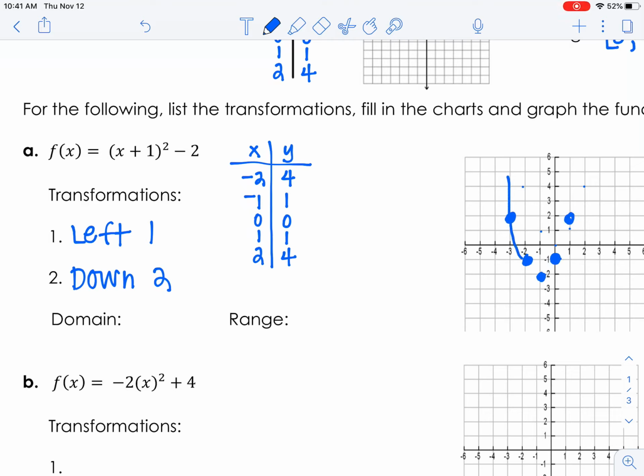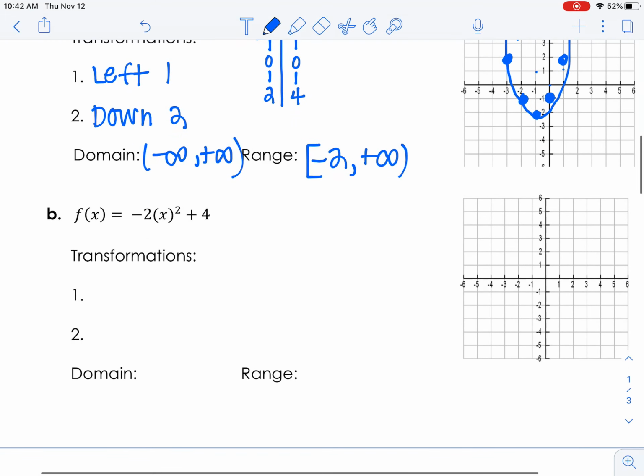And there we go. Close enough. Okay, in this case, our domain, -infinity to +infinity, you'll find that that's always the case for every single quadratic. Okay, then the range here starts down at -2 and goes up to +infinity.